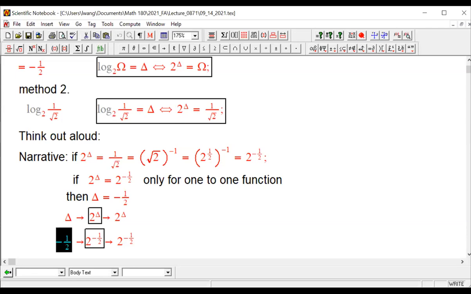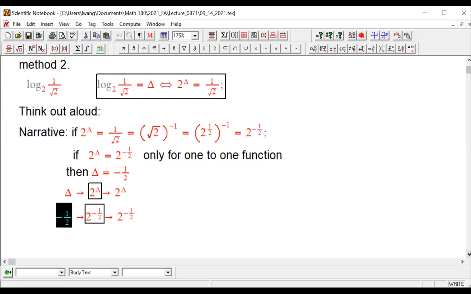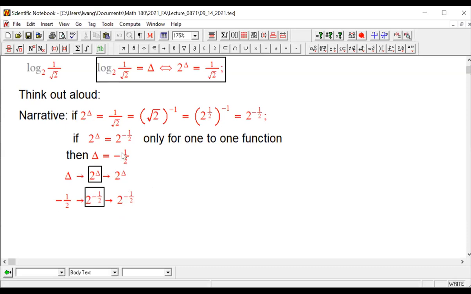Now, you see from the function's perspective, this means that you have the same output. When you have the same output, then you surely have the same input because this function is one-to-one. Only for a one-to-one function can you have such assurance. This is not true for any function.